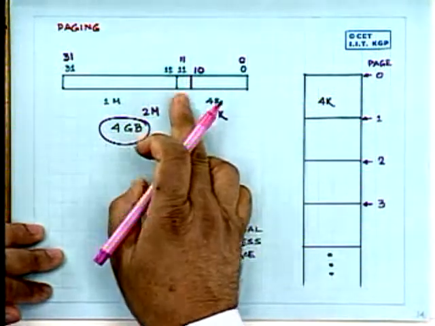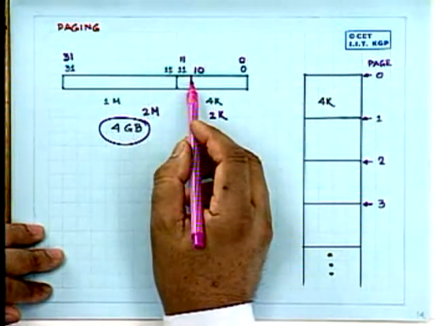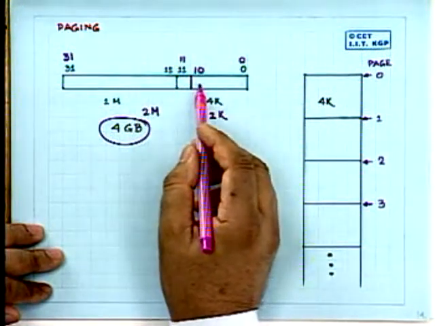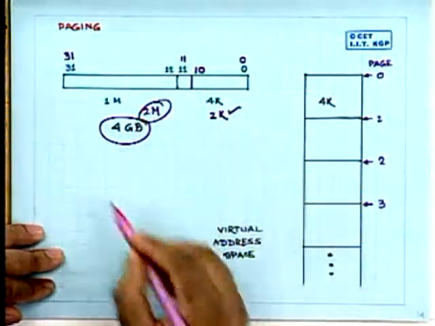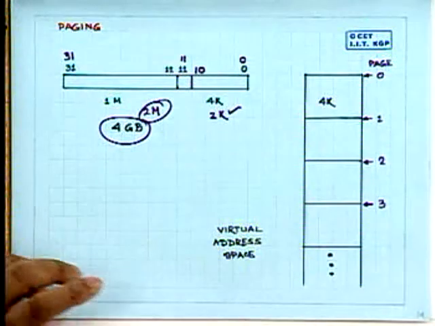That way this partition of the two components can be shifted to make the page size and the number of pages involved.